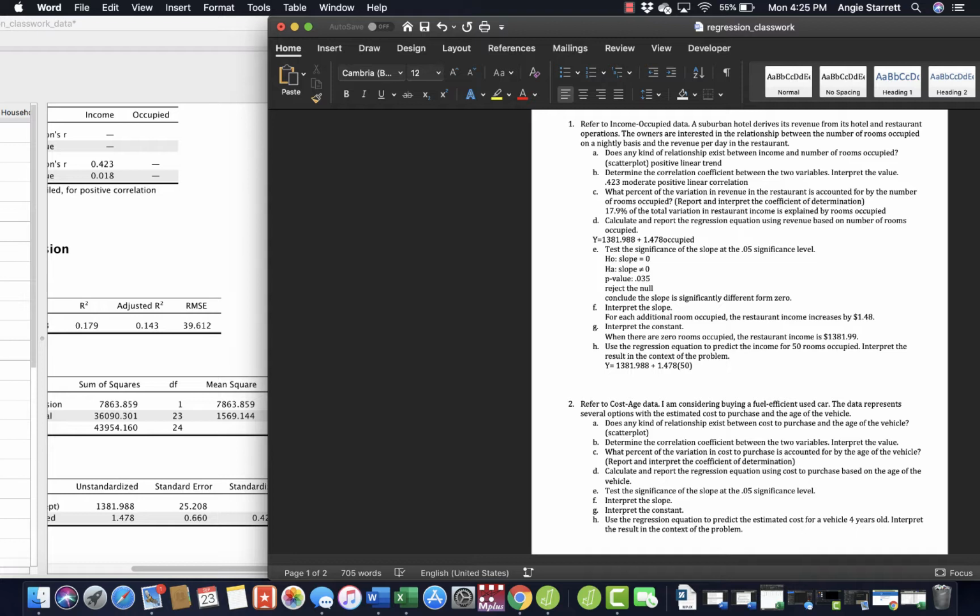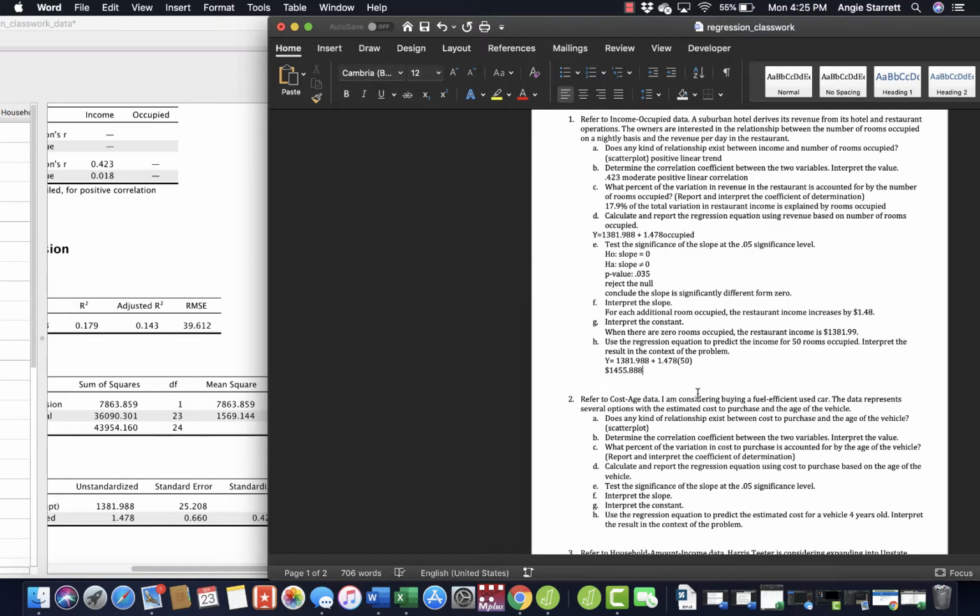All right, so 1.478 times 50 plus 1381.988 gives me 1455.888. All right, so that would be the predicted amount in restaurant income for 50 rooms occupied.